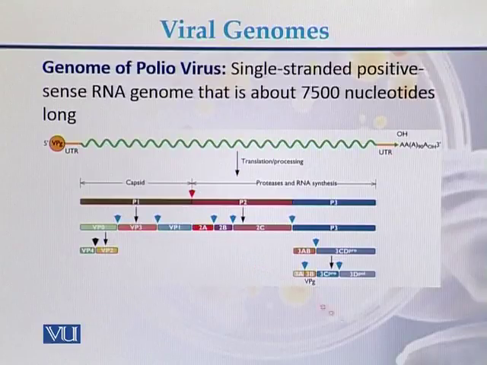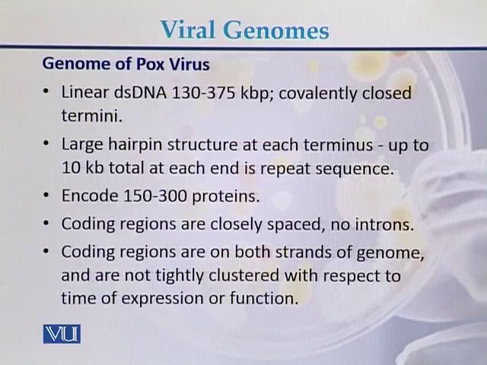Genome of the pox virus is linear double-stranded DNA between 130 up to 375 kb. There are long hairpin structures at each terminus. The genome of pox virus encodes 150 up to 300 proteins.